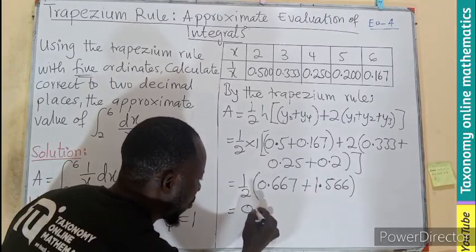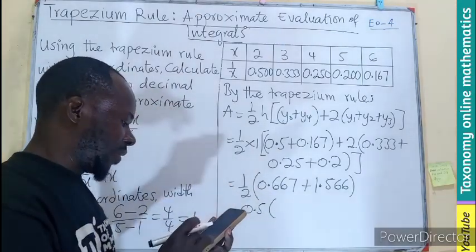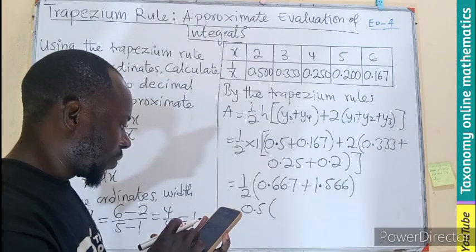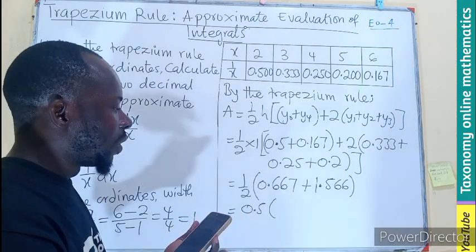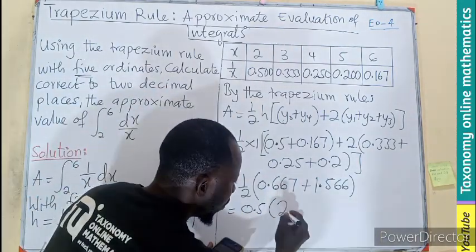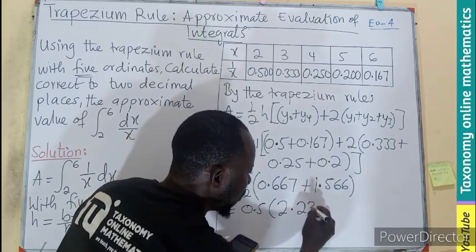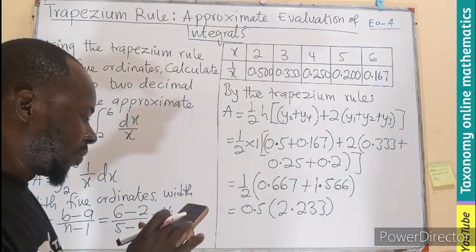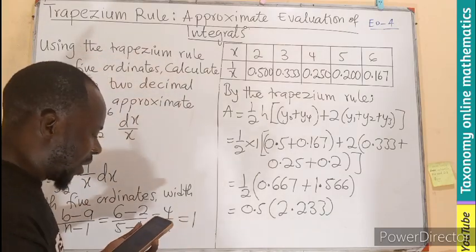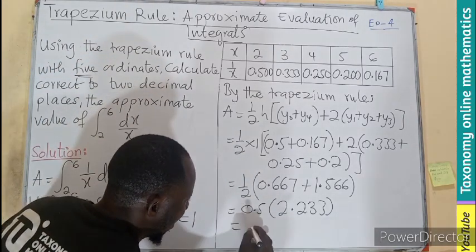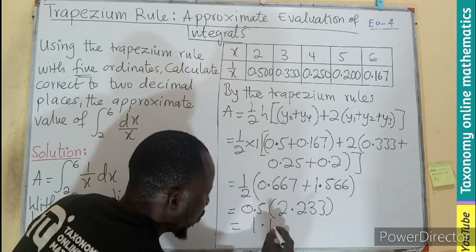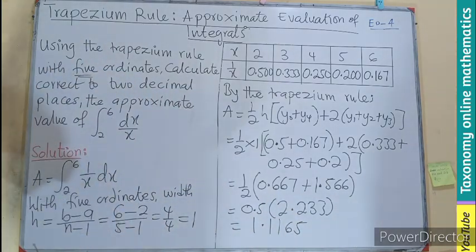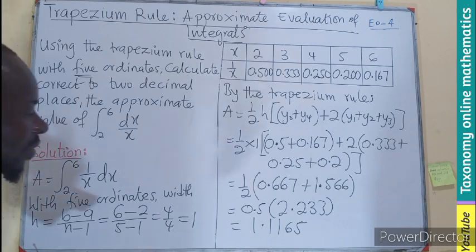So this becomes 0.5 times the value we have in the bracket, and that will give you 2.233. Multiply that by 0.5, and that will give us 1.1165. We have to do that correct to 2 decimal places.